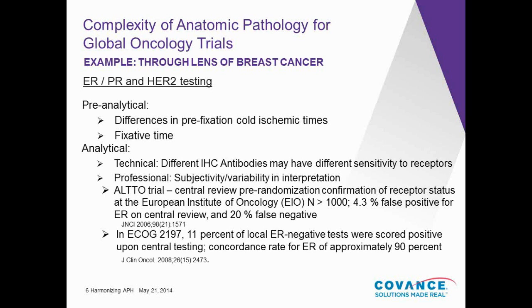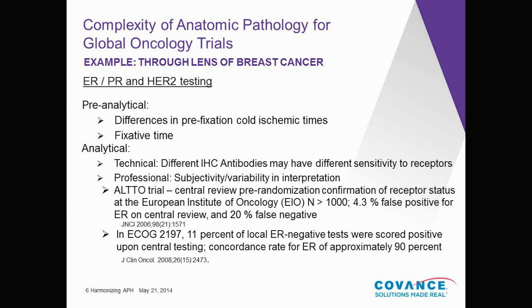And the cold ischemia time is from the time that sample comes off the table until it's actually placed in formalin. So it's off the table, but it's not in formalin. That's cold ischemia time. So looking at cold ischemia times, we know that there's a huge difference in the ability to stain positively for ER or PR based on the length of time that sample spent cold and not in formalin.